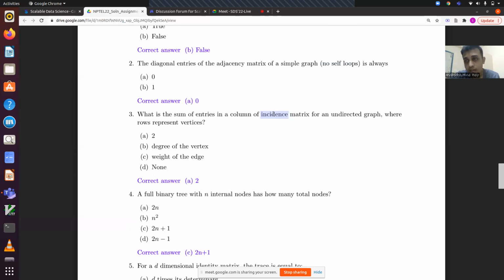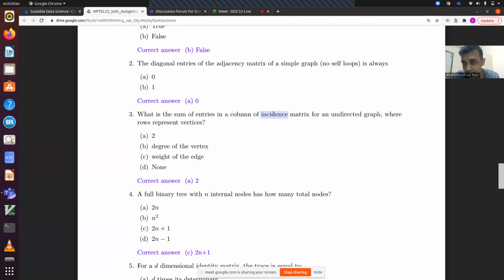If you have a square matrix, let's say, the rows indicate nodes. Row 1 is node 1, row 2 is node 2, and so on. So what happens in the adjacency matrix? The first row is node 1, second row is node 2, but the first column is also node 1, the second column is also node 2.